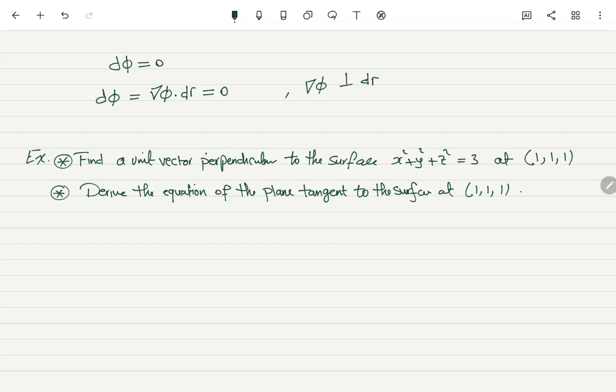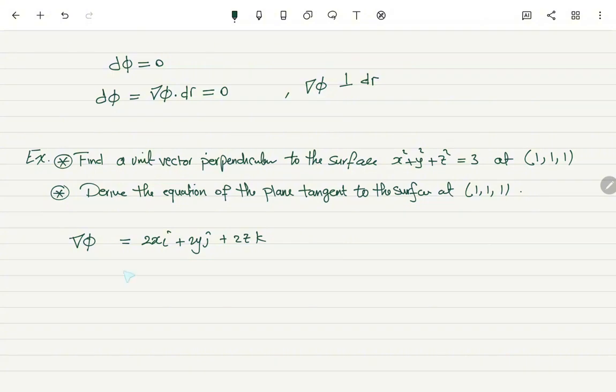To find the unit vector perpendicular to the surface, let's find gradient phi, which in this case is 2x i plus 2y j plus 2z k.